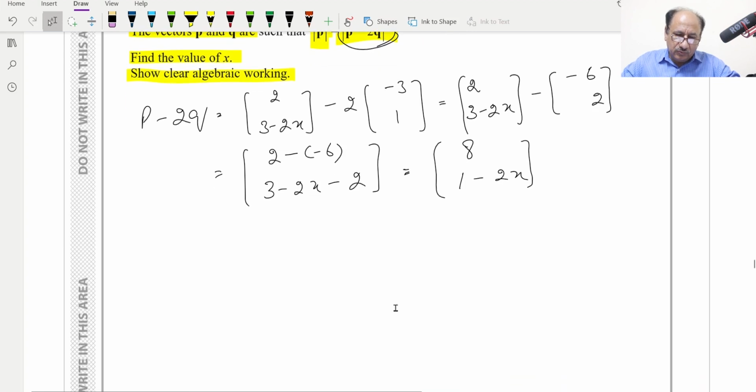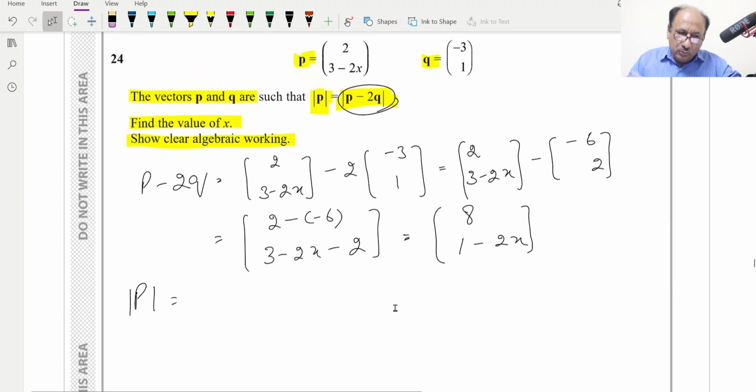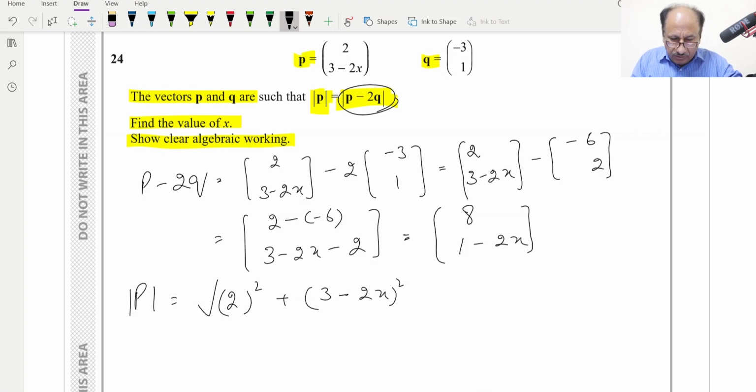After finding this one we will find P mod, and P is given, which is 2 over 3 minus 2x. So x component square, which is 2 square, plus y component square, which is 3 minus 2x whole square, and this will be taken under root, and this will be equal to the mod of this one.